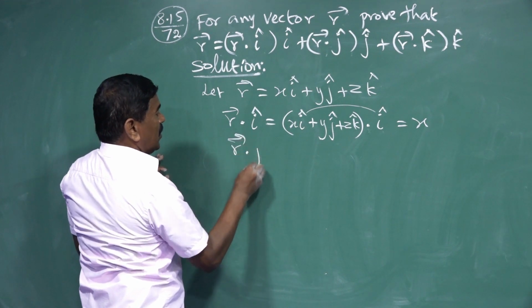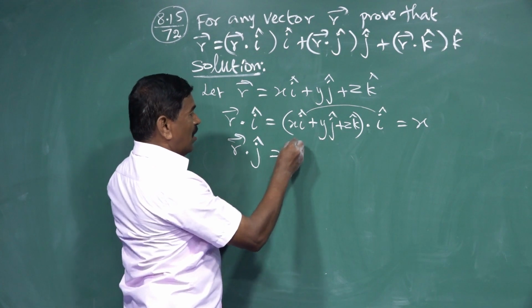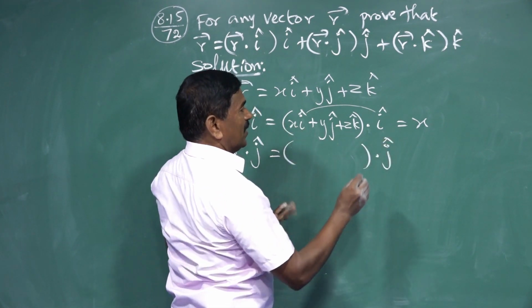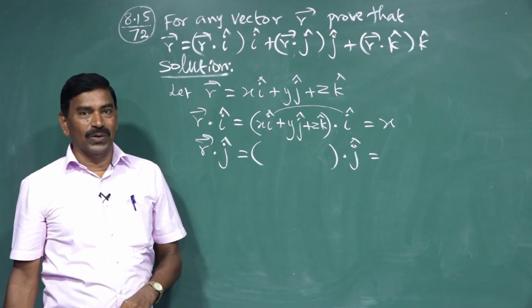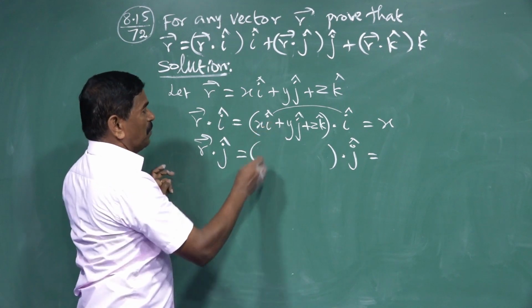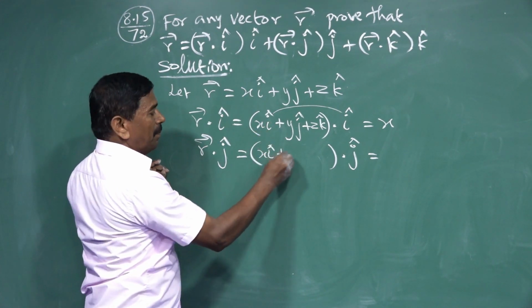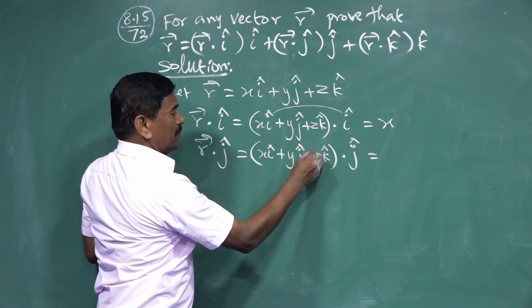Can you tell me the answer yourself? Y is the answer. Here r vector is xi cap plus yj cap plus z k cap.